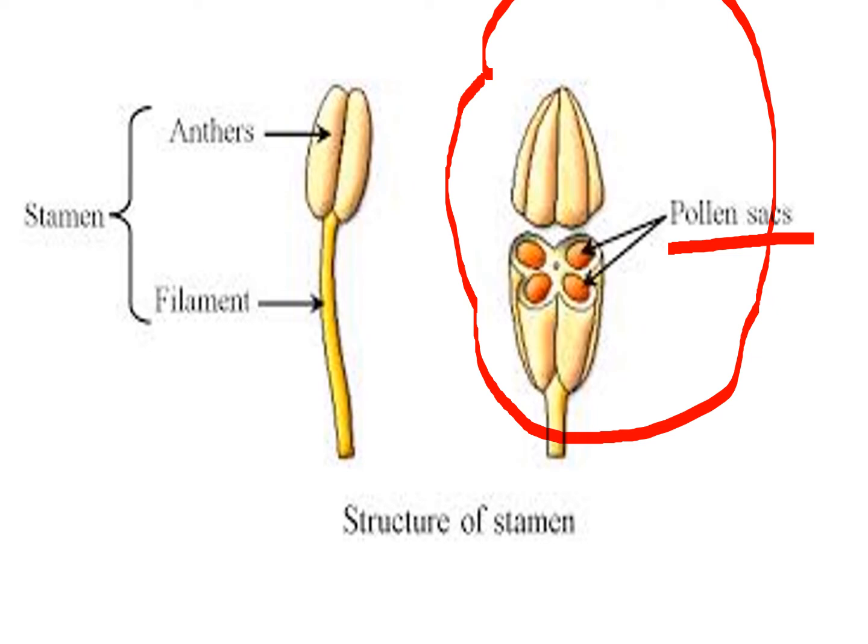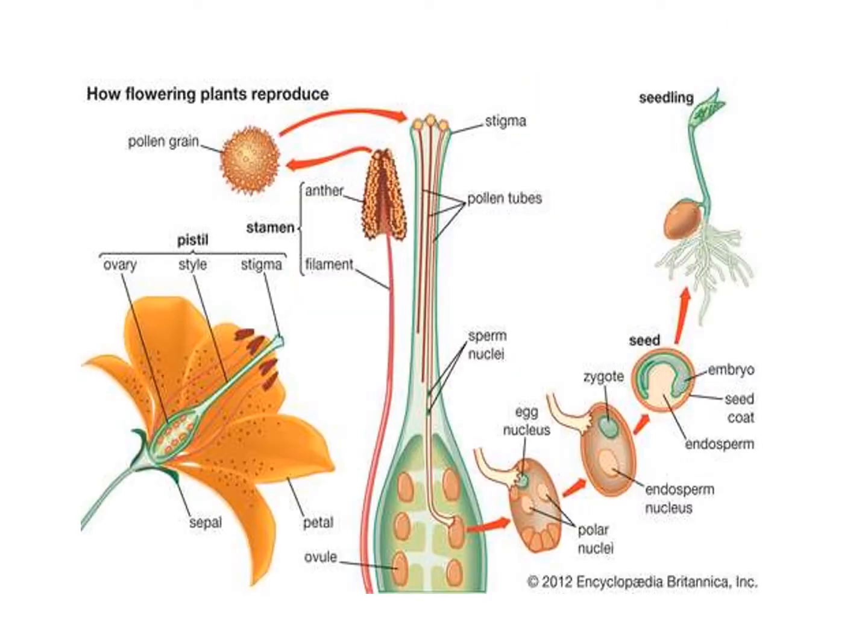Two male gametes are formed. From a single pollen grain, two male gametes are formed, which are then transferred from the anther to the stigma. We can see this again in this diagram. Now we have a diagram which shows that two processes are occurring simultaneously.